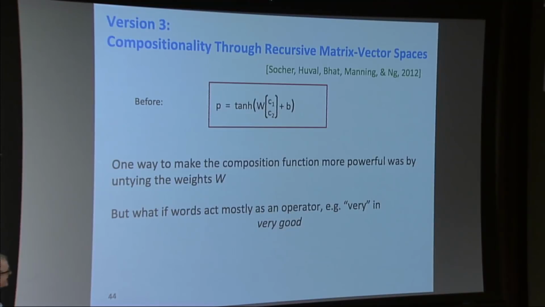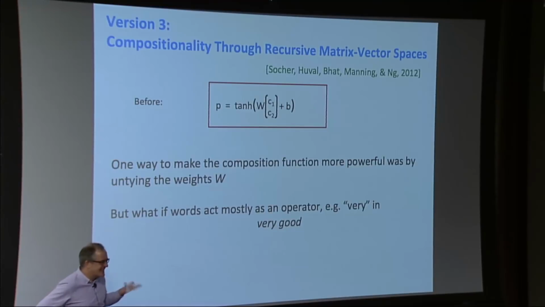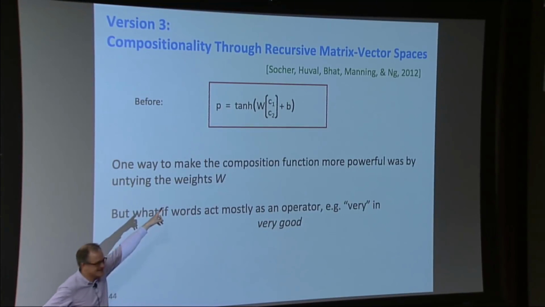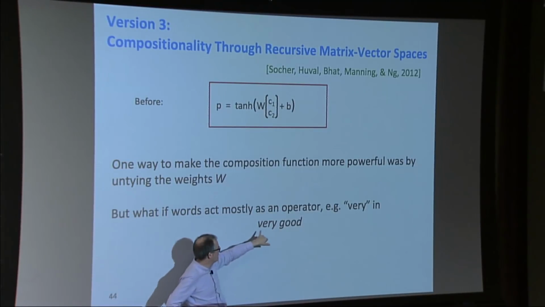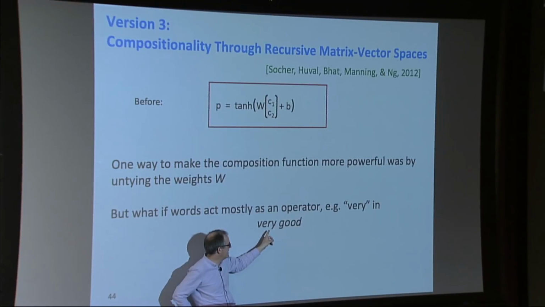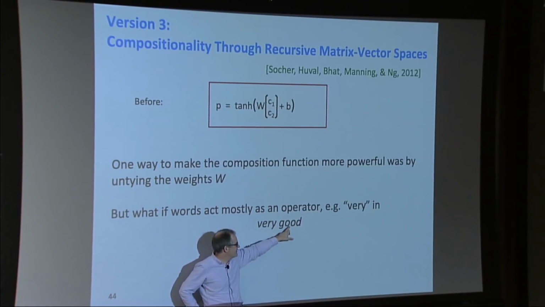So if we want to capture that kind of semantics, we can't do it by just concatenating two vectors and multiplying them by a matrix. What we really want to say is that very is going to grab hold of the meaning of good and modify it in some way to produce a new meaning for very good.